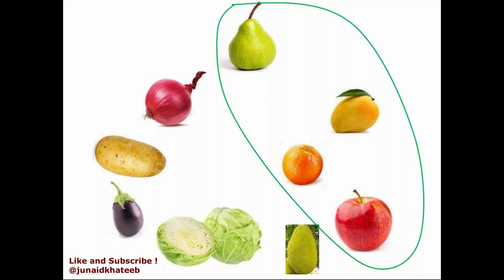Mayura, it may match a little bit with a potato, but it's about the numbers. If it does not match for most of the objects, then I'll say that it is not a vegetable. Now, if it matches with most of the vegetables, then I'll say that it is a vegetable.